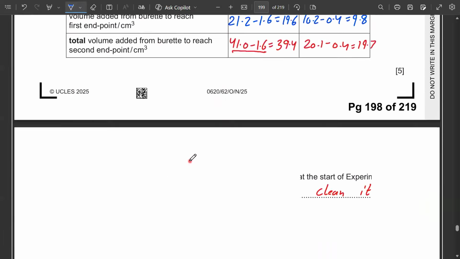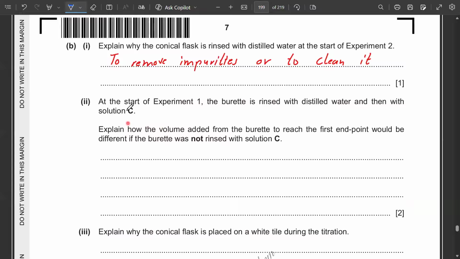Now we have to answer the question: how would the volume added from the burette to reach the first endpoint be different?